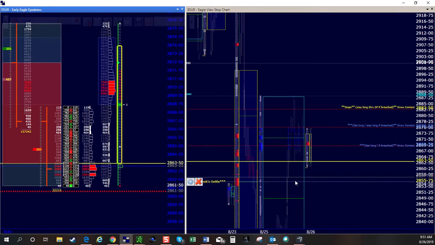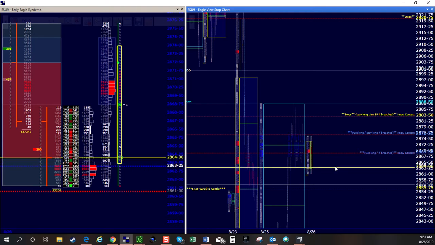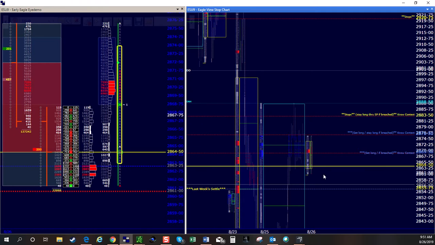I got a good low, so I want to monitor this trade for continuation. I got some flexibility because I have 3 contracts on. Ideally, I want to see this market start to trade higher.